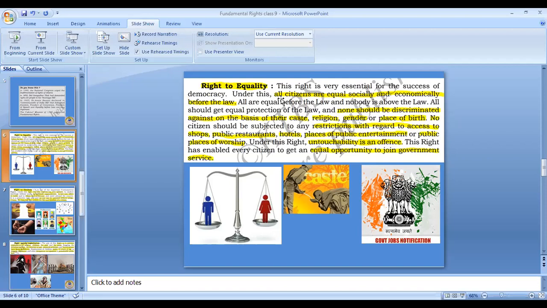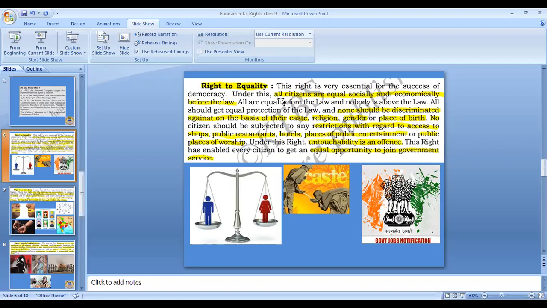Right to equality of the Indian Constitution says there should not be any restrictions on any citizens entering shops, public restaurants, public hotels, or places of public entertainment. If I take the example of cinema theaters, everybody is allowed inside.